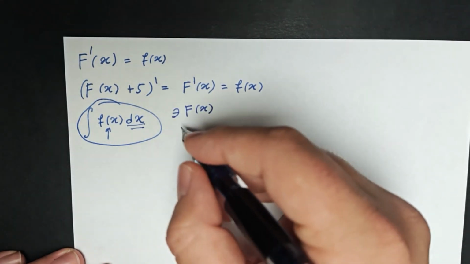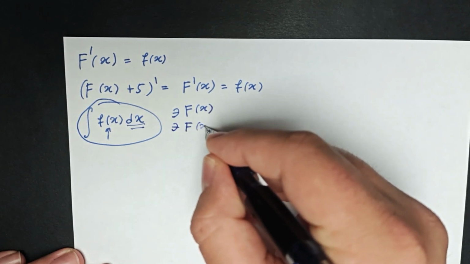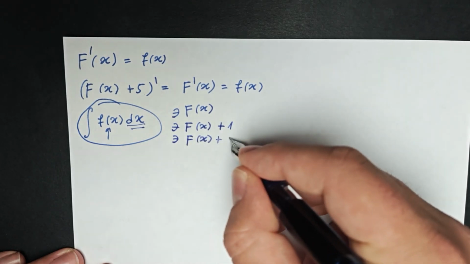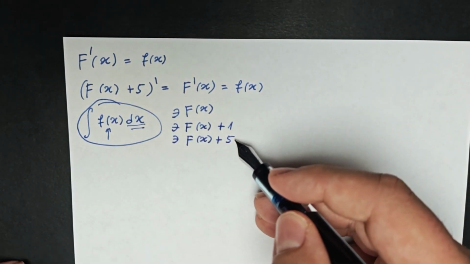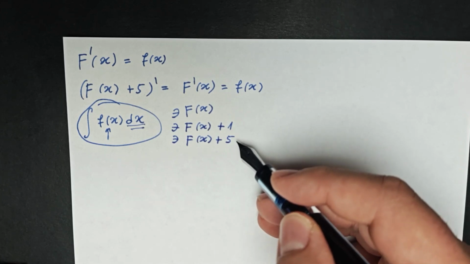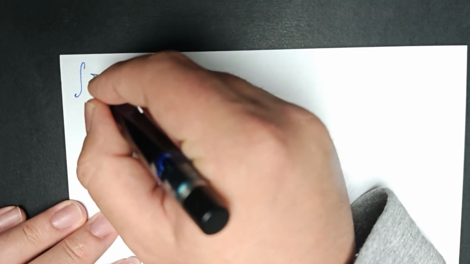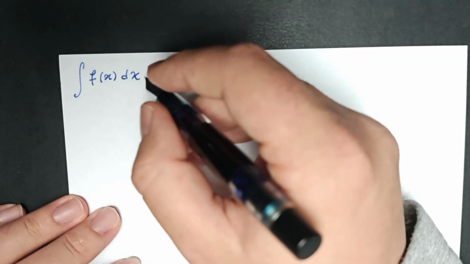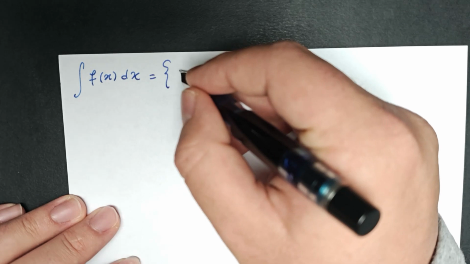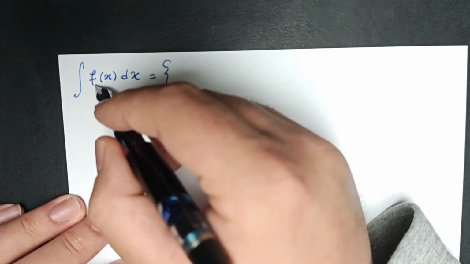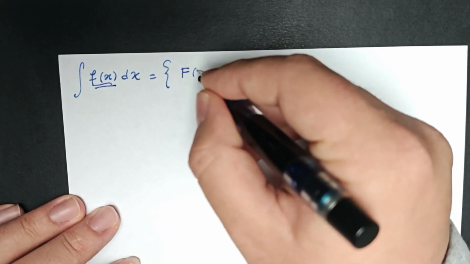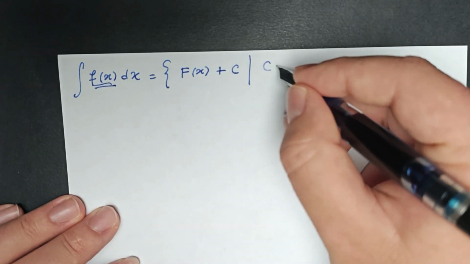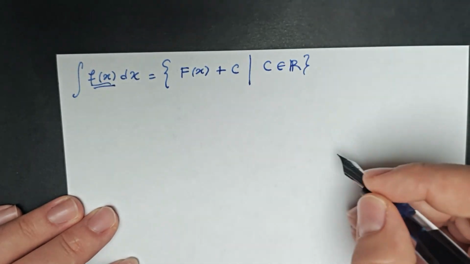And it also contains a function F of x plus 1 and the function F of x plus 5 and any other number that you can think of, the real number. So this integral of f of x dx is really a collection of all the functions that have for a derivative this function f of x. So the functions that look like F of x plus c, where c is any real number.